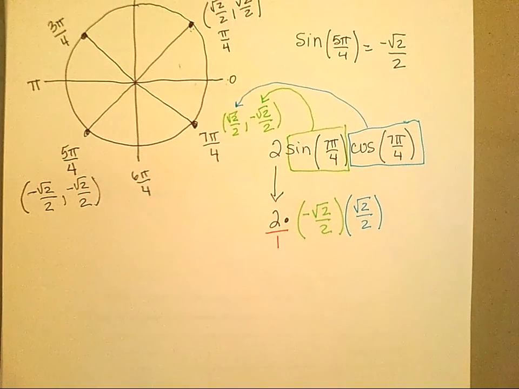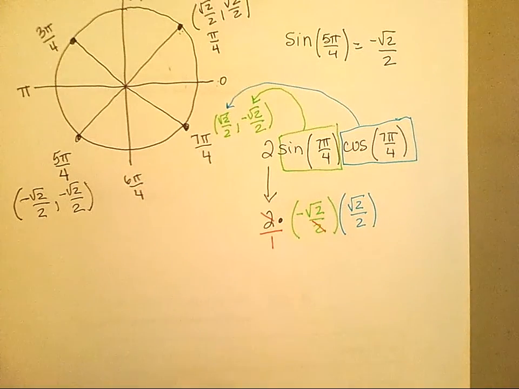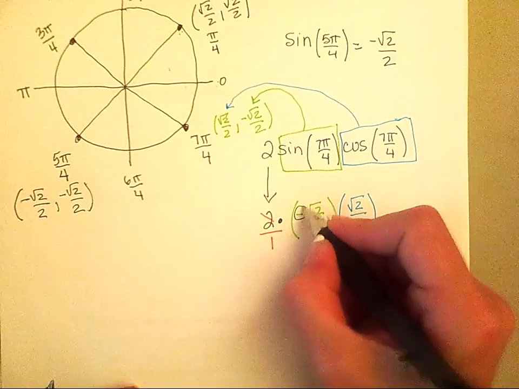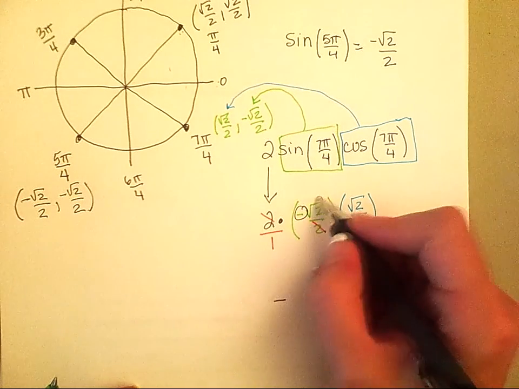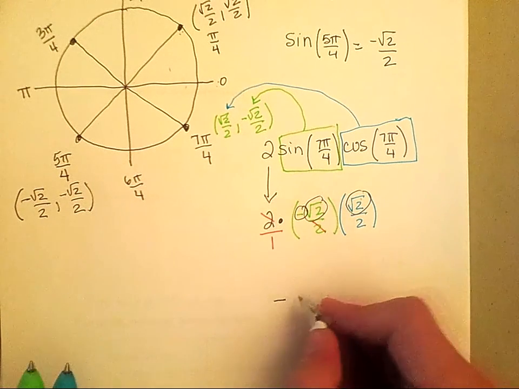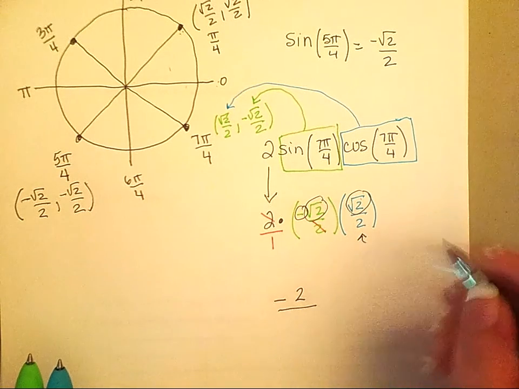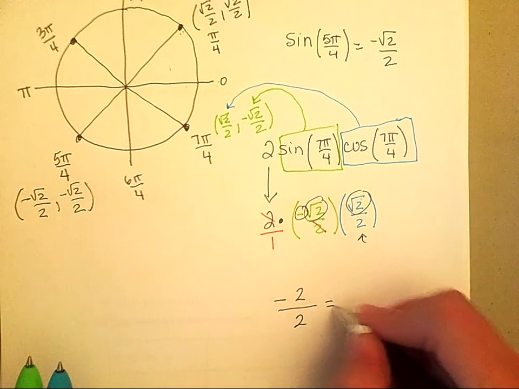Now we can think about this as 2 over 1 if you'd like. And we can do some canceling. These two will cancel. And then from up top, we have negative, and then the square root of 2 times the square root of 2 is 2, all over simply 2.